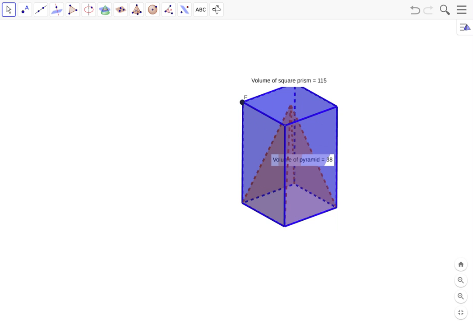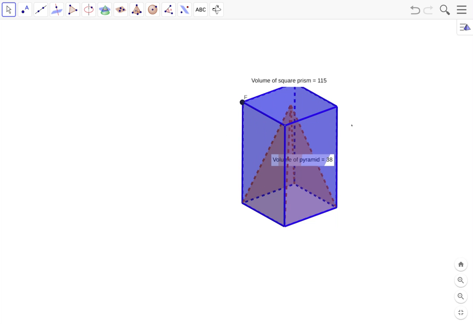Now, to find the volume of pyramids and cones, there's a beautiful relationship: whatever prism this cone or pyramid can fit inside of, it takes up a third of the space when the pyramid has the same base as the prism and the same height as the prism.